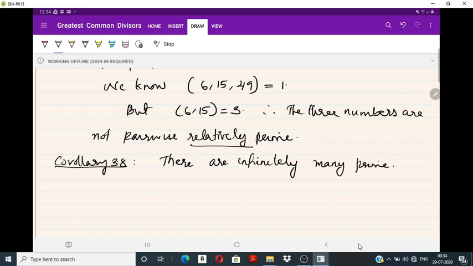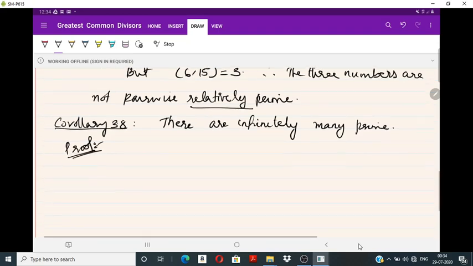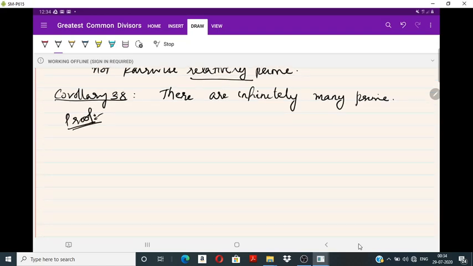This we have already proved in two different ways, and this is another method from the theorem. So the proof is again by contradiction. Without loss of generality, assume that there is only a finite number of primes.